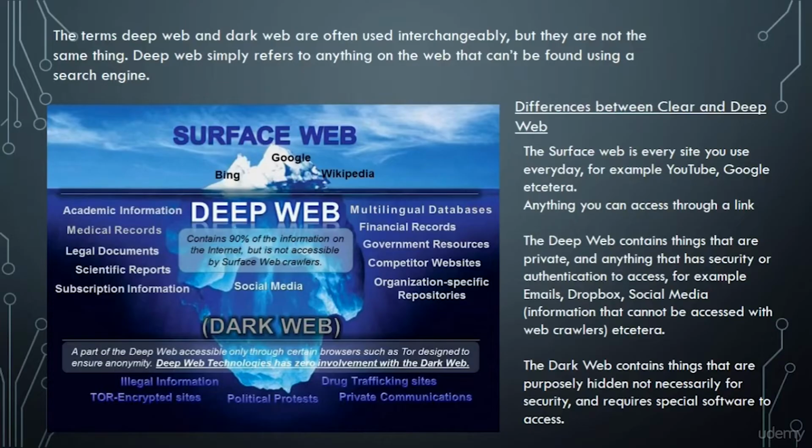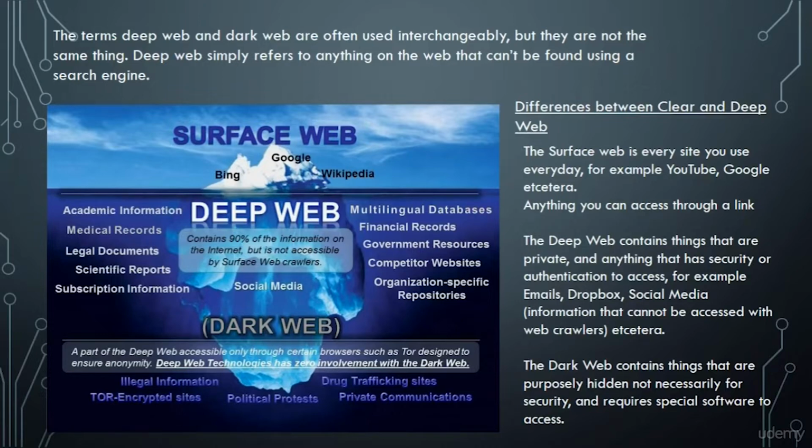If I went to Google and I searched for the title of an email with the recipient name, I guarantee it's not going to come up, and that's because it cannot index emails because it requires a certain level of authentication. And this is what I wanted to explain to you. Many people want to access the deep web, and they really don't understand that the deep web is also part of the clear web, but slightly different.